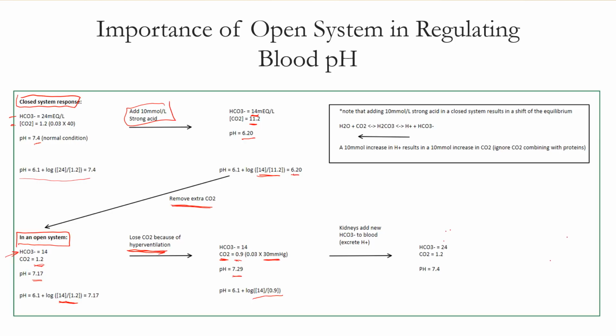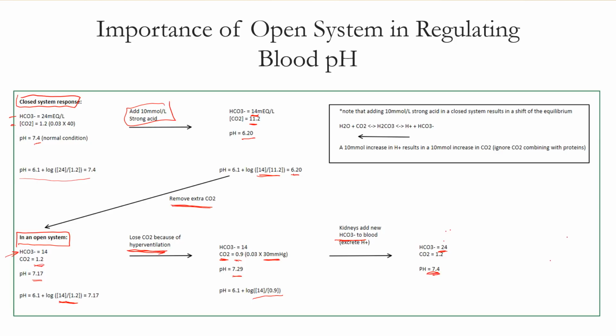The kidneys are slower than the respiratory system in terms of compensation, but when they kick in, they're going to add new bicarb to the blood and get rid of the extra protons, like we discussed in the earlier slides. So they'll reabsorb the bicarb, they'll produce new bicarb when they secrete that proton, and that's going to bring the bicarb back to a normal level. And when the bicarb comes back to the normal level, the pH starts to come up as well, our respiratory rate will start to normalize, and we'll come back to a pH of 7.4.